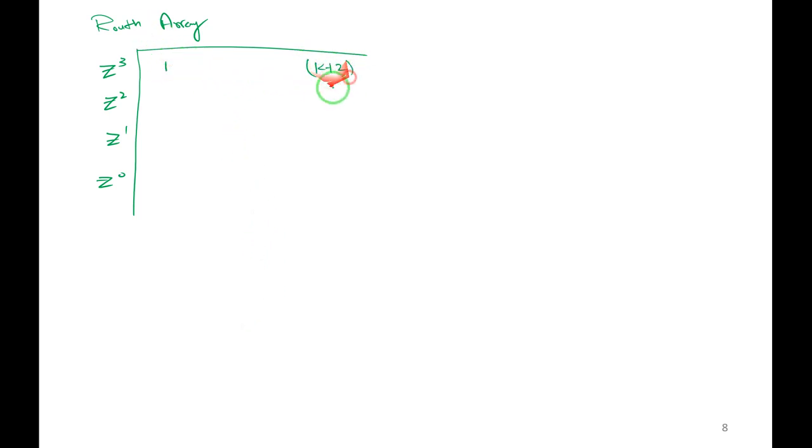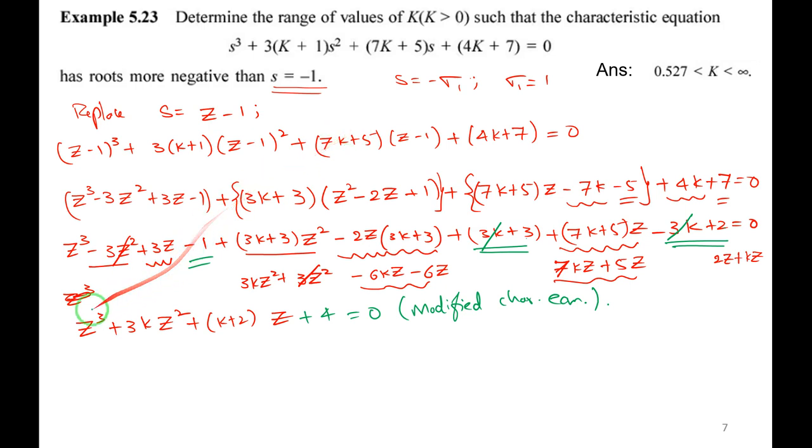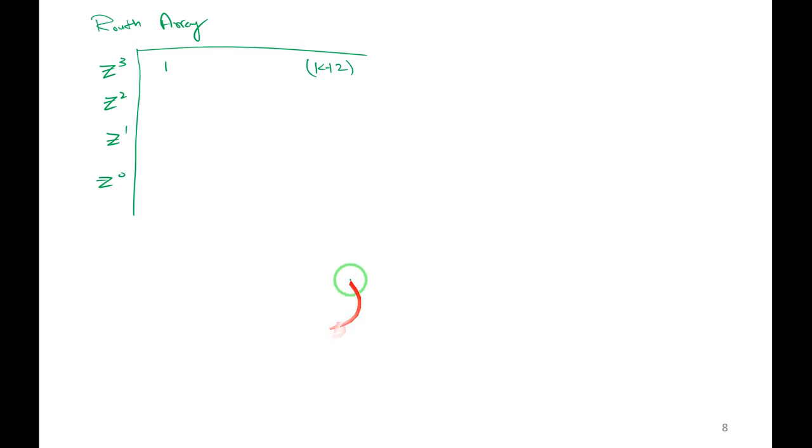I am writing the terms here, right? Odd term coefficients are 1 and k plus 2. Next, even term coefficients are 3k and 4. 4 is the constant term, so just tick mark it. Okay, two elements. So next only one element will be coming here, right?